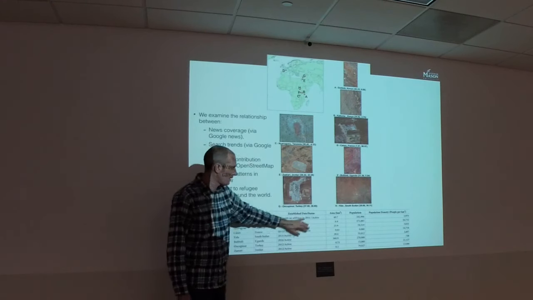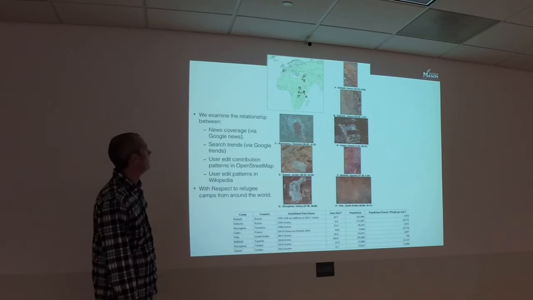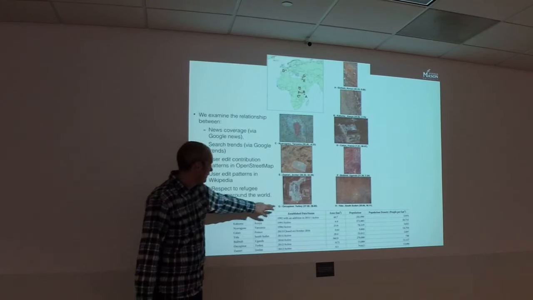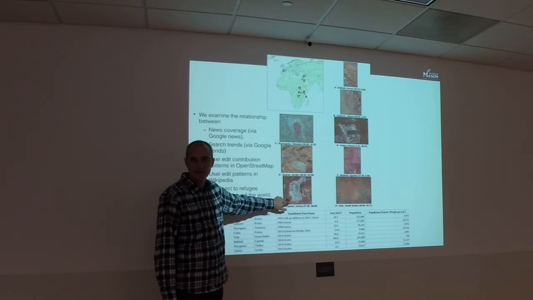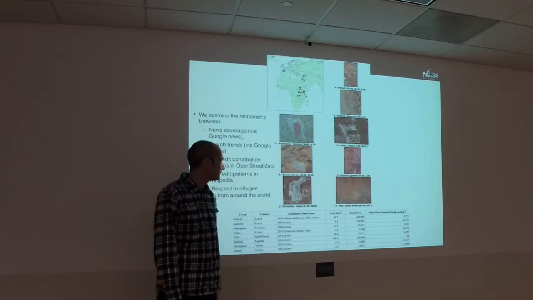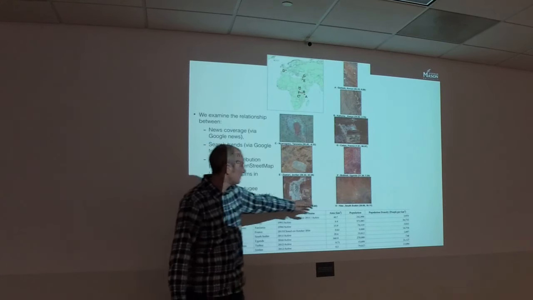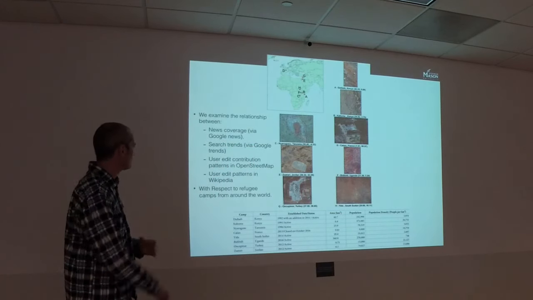We know some information about how big these camps are and when they were formed. This one is amazing because years ago it didn't exist, but due to the Syrian crisis, it's now quite large and well planned. And Yida in South Sudan keeps coming and going.